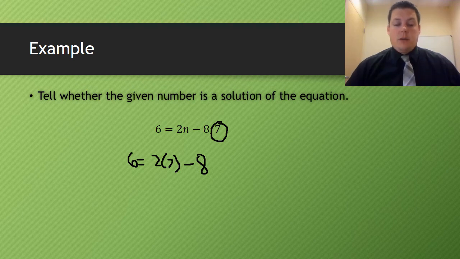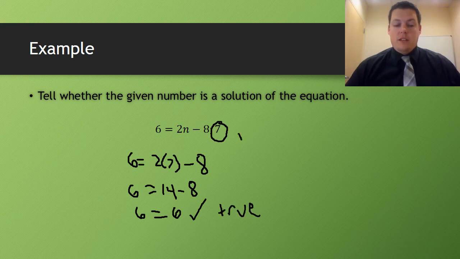If we use order of operations, we want to multiply first, and then we ultimately see that 6 equals 6. So it's true. So 7 is a solution to the equation.